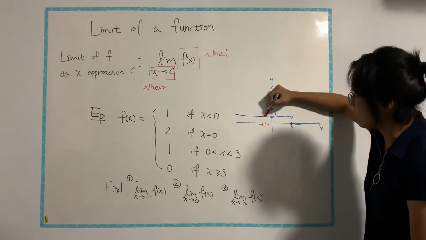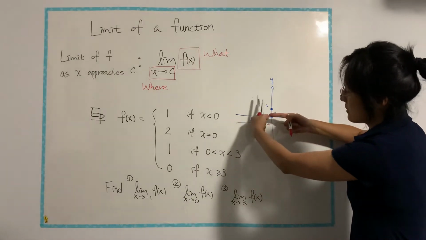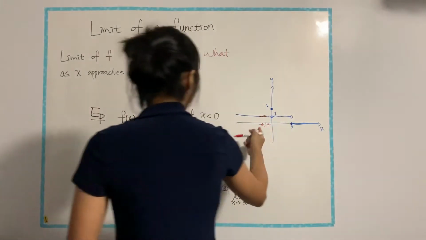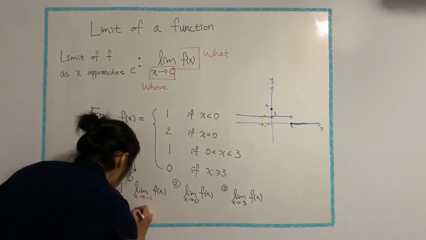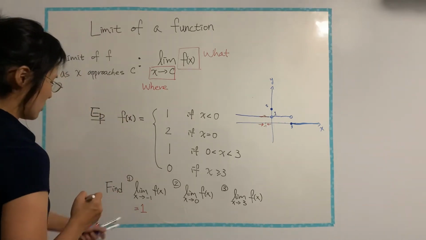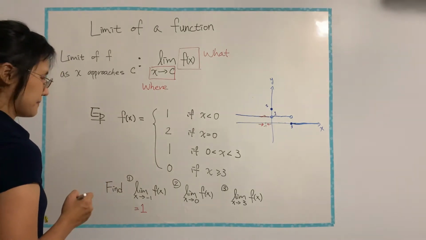Over here, it's still 1. So you can see the value of f of x stays 1. So both the left hand side and right hand side give me 1. So I have the first limit equals 1.